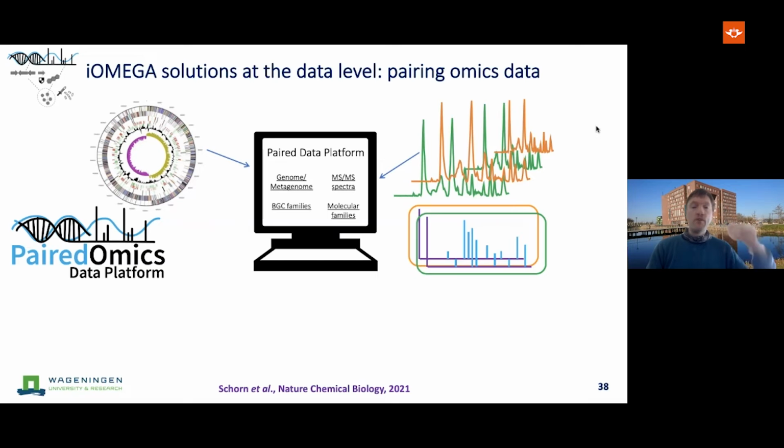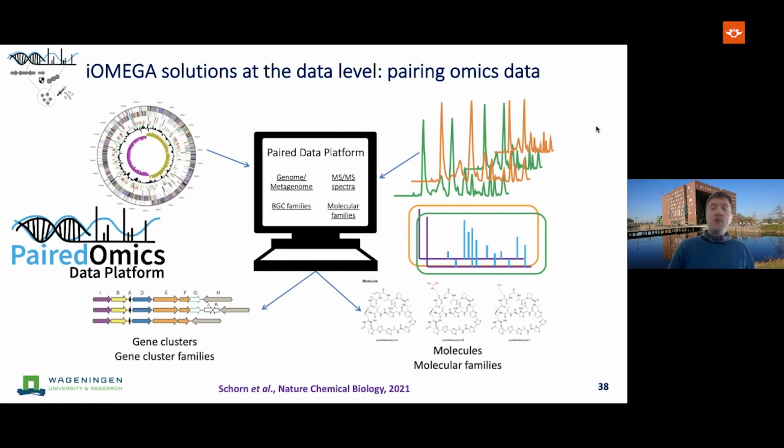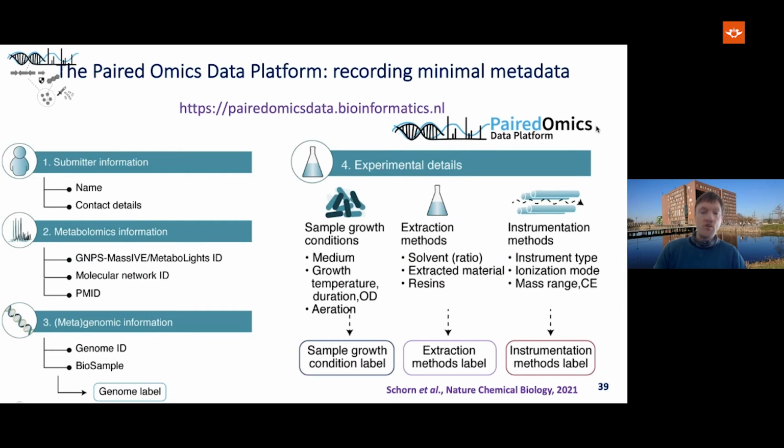That is really useful because we can use that to mine for novel links. But not only that, you can also record known or validated links between gene clusters and gene cluster families and their products. That helps people like myself and others to develop novel tools to link gene clusters to molecules and mass spectra.